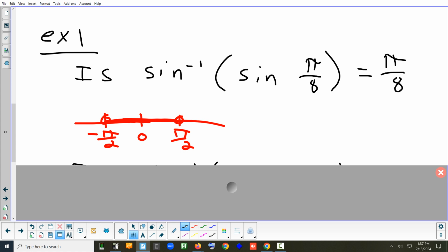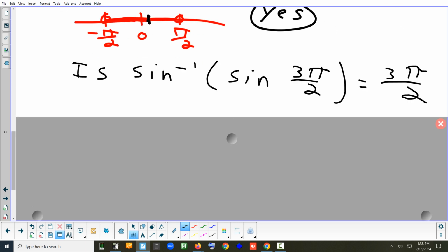Pi over 8 is smaller than pi over 2. It's a smaller number, but it's still a positive number. So pi over 8 might be right about there. It's closer to 0. So is it between the two numbers that it needs to be? Yeah. So is that going to work? Yes. The answer there is yes. Okay, so it's a yes or a no.